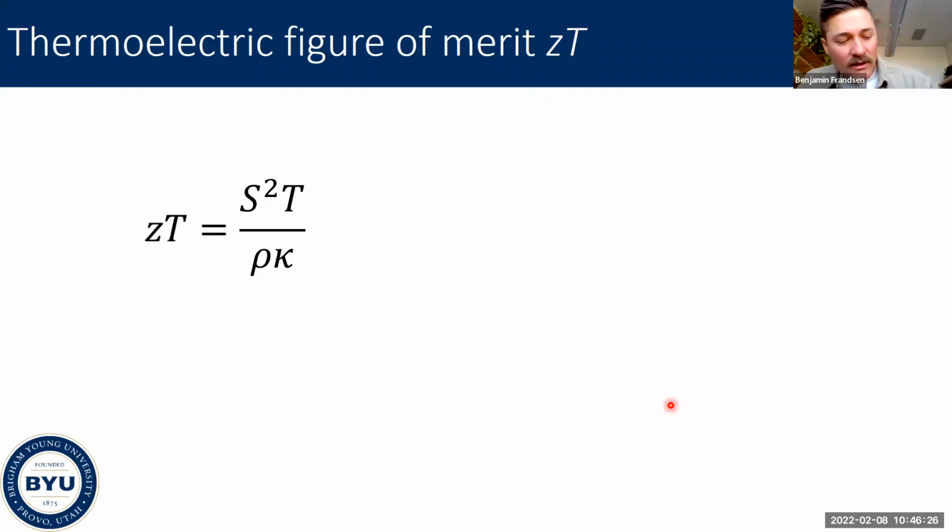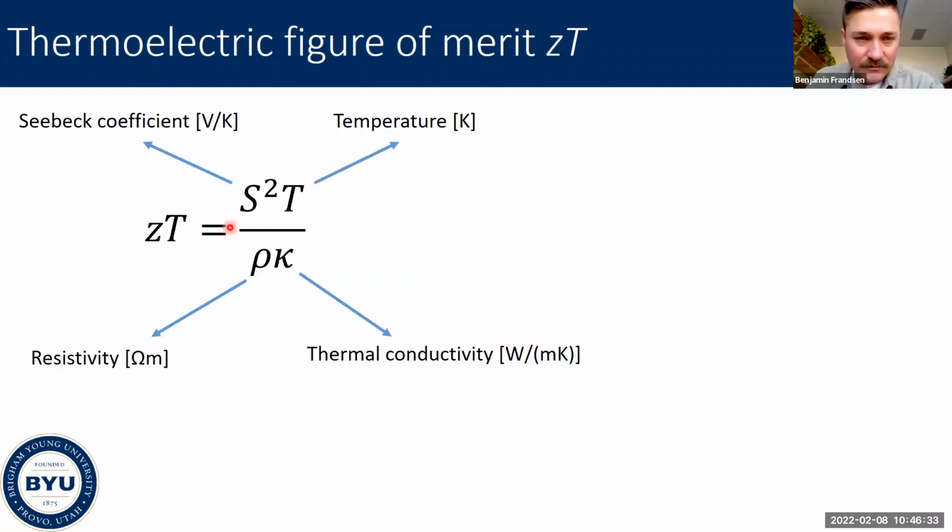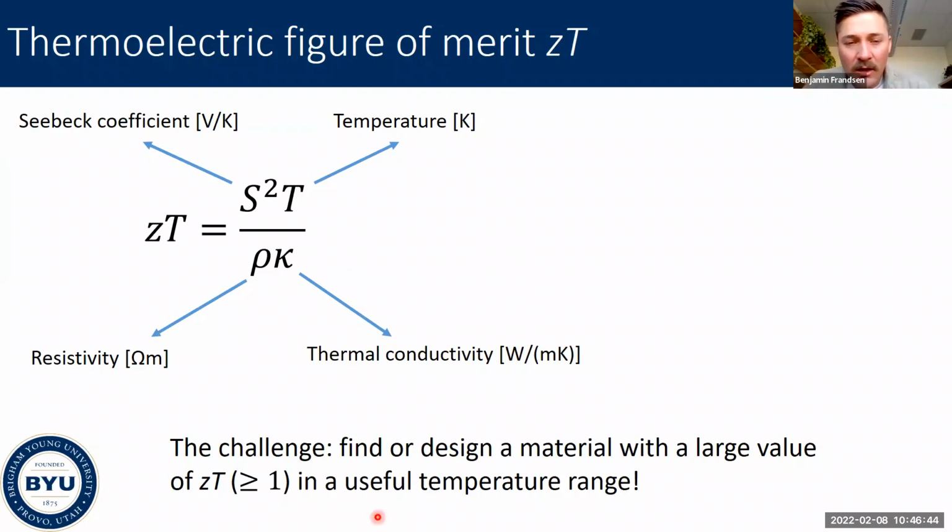One way to quantify how good a thermoelectric is with this dimensionless figure of merit, ZT, described by this combination of material parameters: the Seebeck coefficient, temperature, resistivity, and thermal conductivity. If you have ZT close to 1 or greater, then you have an efficient thermoelectric device, which could be useful for technological applications.